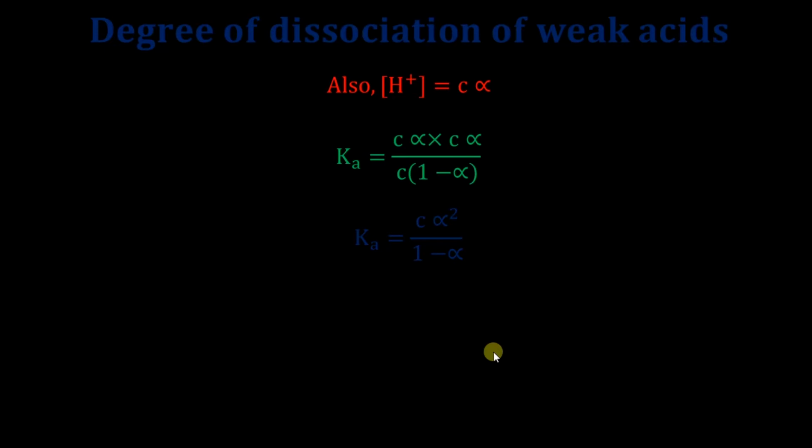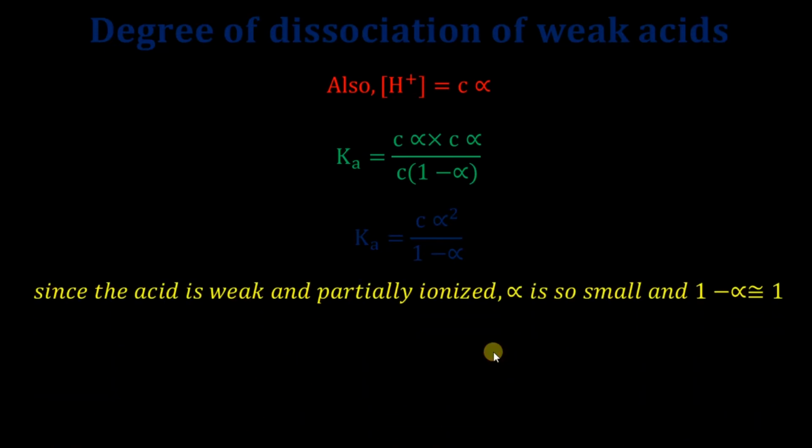We approximate that, and Ka can finally be expressed as C alpha squared. You can use this equation to calculate Ka if you are given the degree of dissociation and the initial concentration of the acid.